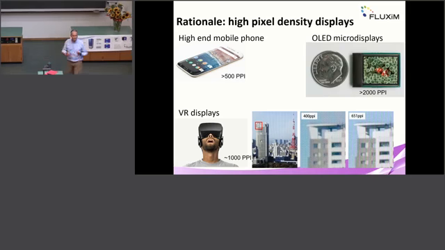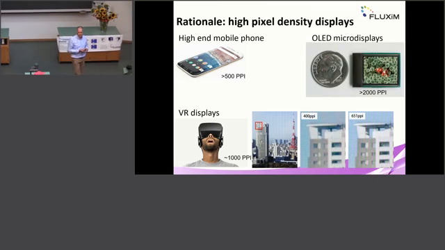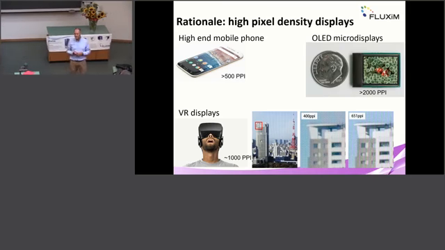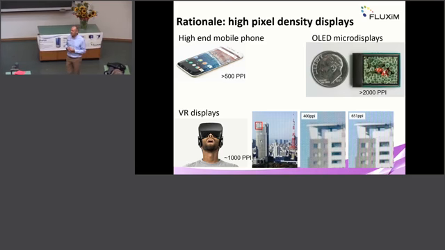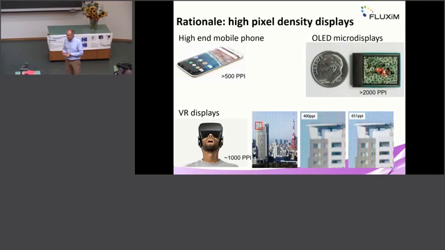And now switching back to OLED displays, not OLED lighting, but this time OLED displays. We realized that we can use Laoss simulation software also for analyzing pixel crosstalk in high resolution OLED displays. And the motivation here is, for virtual reality applications, the pixel density cannot be too high.